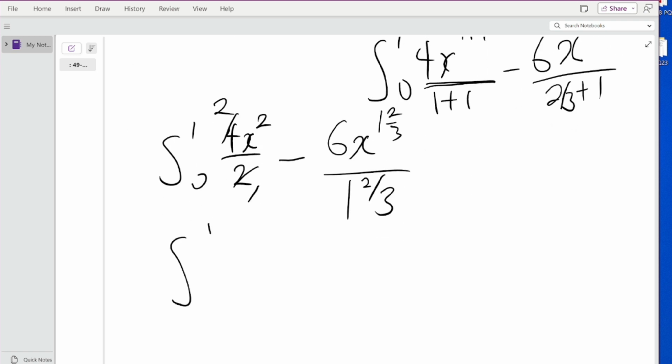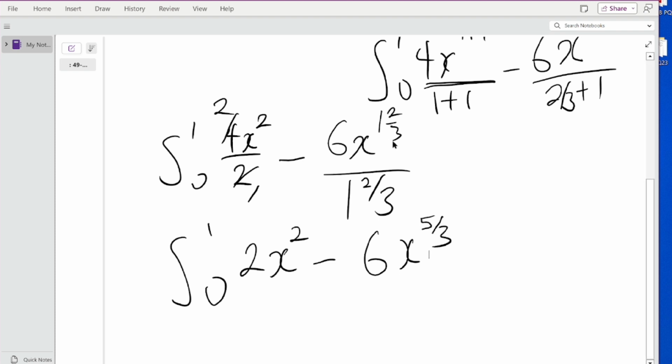We have our integration sign. Here we cancelled out on this side. We'll be left with 2x to the power of 2, minus, we convert this into an improper fraction, 5 over 3, because it's 3 times 1, 3 plus 2 is 5 over 3, over 5 over 3.